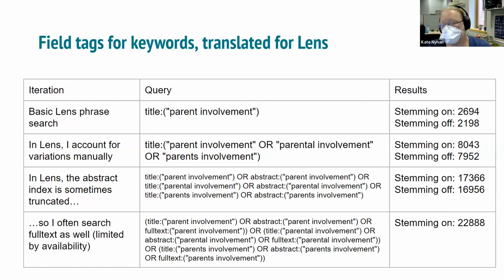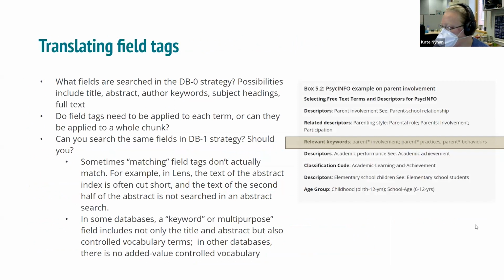But I don't want to rely totally on the stemming feature, because I got to know the database, and I recognize that, especially in quoted phrases, the stemming feature is insufficient. So I decide to account for some of the variations manually that you see in the original version were handled with truncation internal to the phrase, this asterisk after parent before involvement.